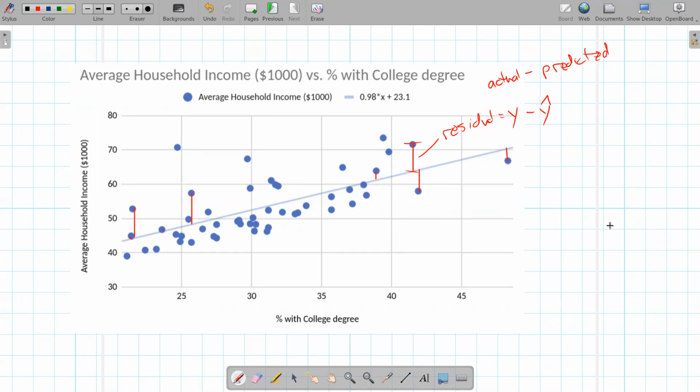So in my spreadsheet, I'm just going to calculate, based on the slope and the y-intercept, the predicted values, which are all the values on this line for any given x value. X values are the numbers on this axis here, percent college degree. And then if I take the difference between the original data and my equation numbers, that's what's called a residual.